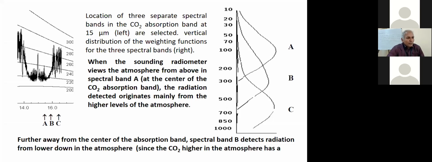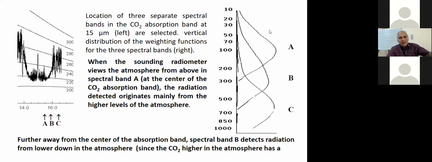For example, at 200 hectopascal you have the contribution coming from A, from B, and also from C. So there is no one-to-one way of assigning each layer to each of these absorption bands A, B, C. A doesn't have a maximum over just one particular layer extending only to a small vertical extent.